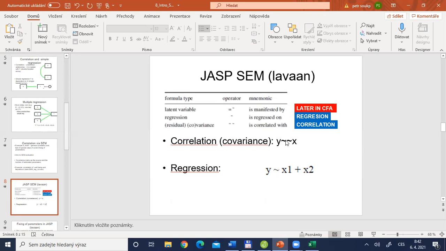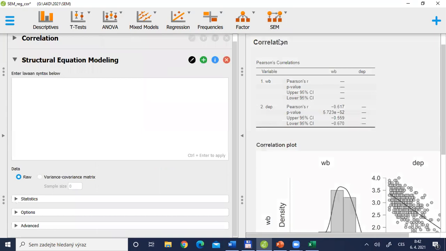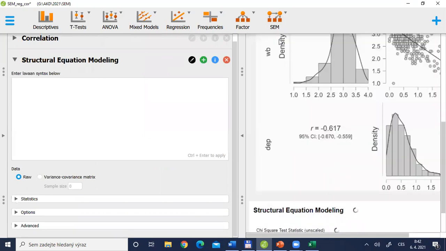So now we would switch into the structural equation model option. So I would go into JASP, SEM, and the first option, which is called simply structural equation modeling. If you click into this option, I would say this is something like a mixture between writing of commands and menus.